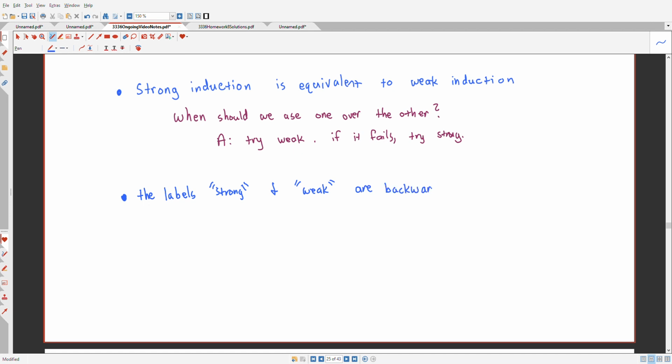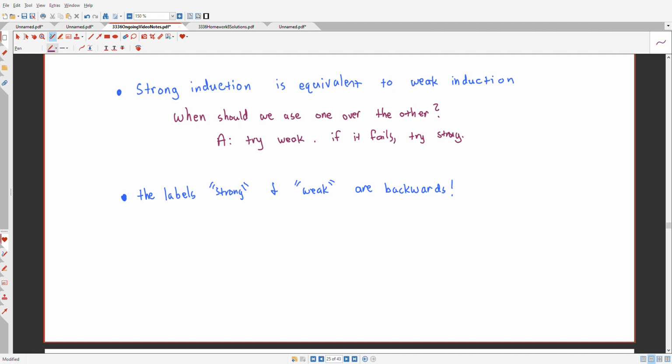This is just an opinion, but I do want to point it out in case any of you go on to take more classes in logic, or you chat with a logician for some reason. They also might agree with my opinion here. That is, what we're calling strong induction, we should really call weak induction.